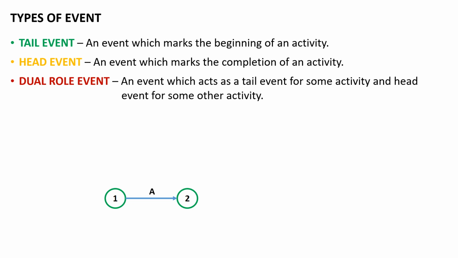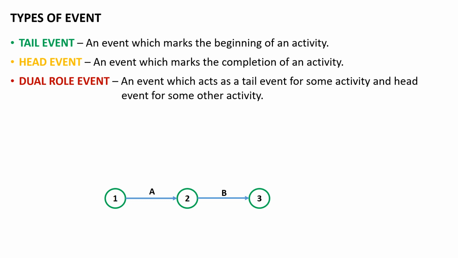Dual role event: an event which acts as a tail event for some activities and head event for some other activity is called a dual role event. Now, in the example, we have activity B which is following activity A, and now we have 3 events: event 1, event 2 and event 3.